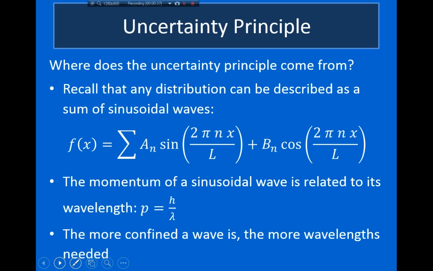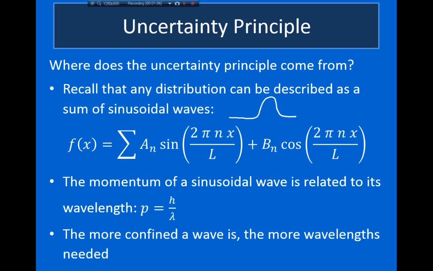The reason this is really important is that in order to describe any wave function which is confined in space, so the uncertainty in its position is not infinite and it exists over some region of space, I'm going to have to add together a whole bunch of sine and cosine terms, each with different wavelengths. And remember that the momentum of a de Broglie wave is related to the wavelength.